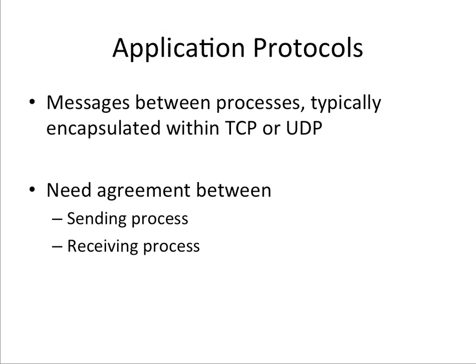These applications use TCP or UDP to send these messages. And because these are network protocols, there has to be an agreement between the sending process or application and the receiving process. Otherwise, the receiver will not be able to understand what the sender actually meant, right?